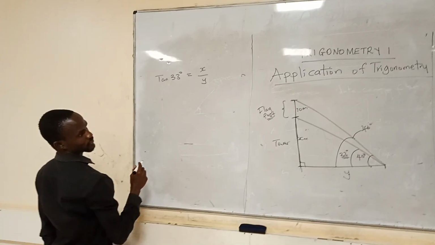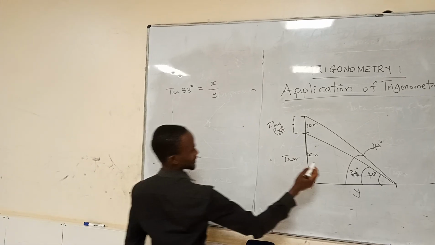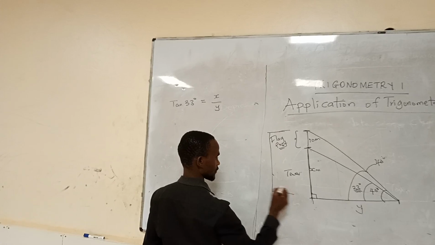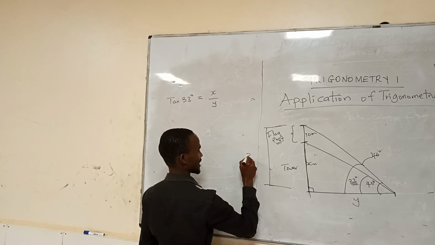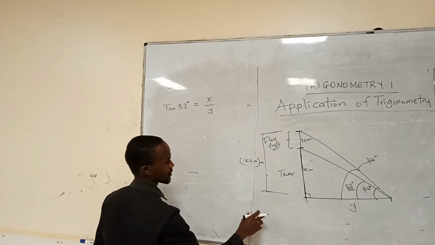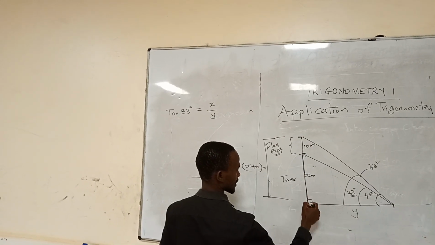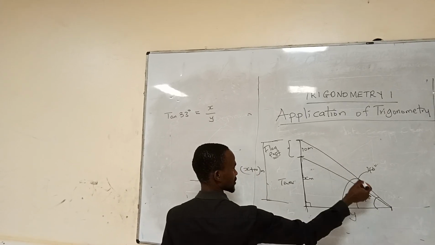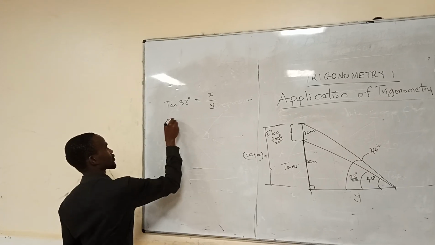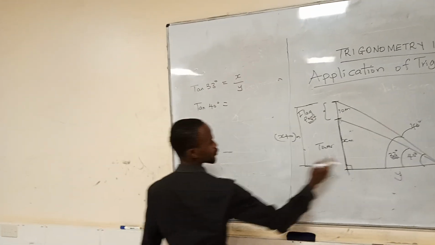Then we try and see again. Now the whole of this will be x plus 10, the 10 and the x meters. So we can be looking at this particular triangle. Remember, the whole of that angle is 40 degrees. So tan 40 degrees is equal to opposite.